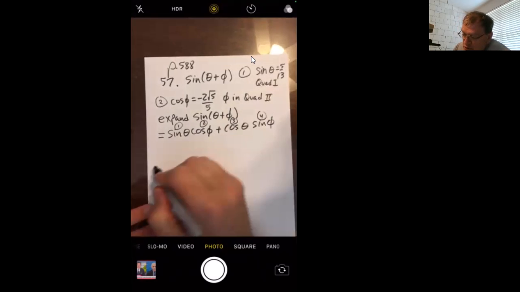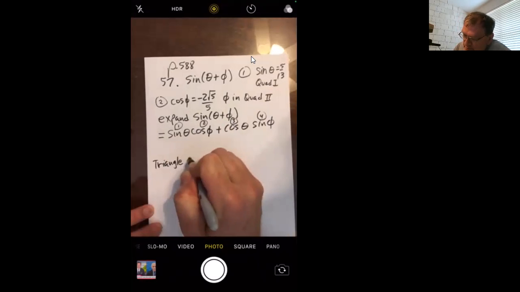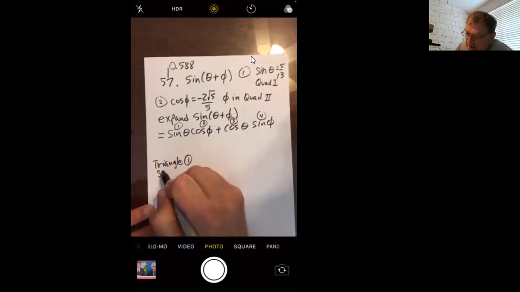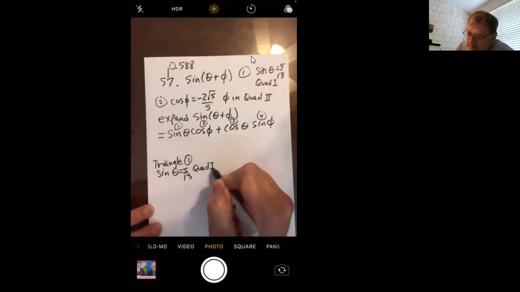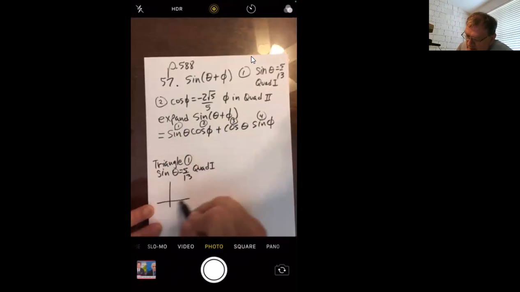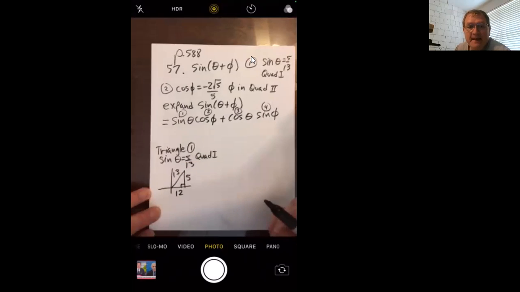Okay, go to triangle 1. Here, where sine theta is 5/13, quadrant 1. It's 5, 13, and can you tell that's 12? 169 minus 25 is 144, square root is 12.